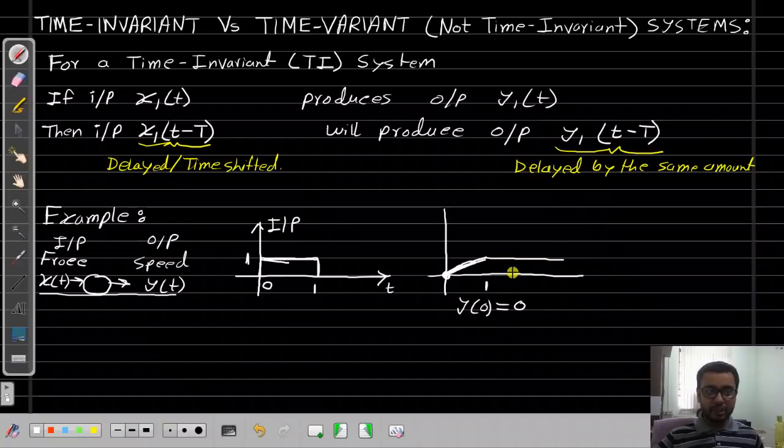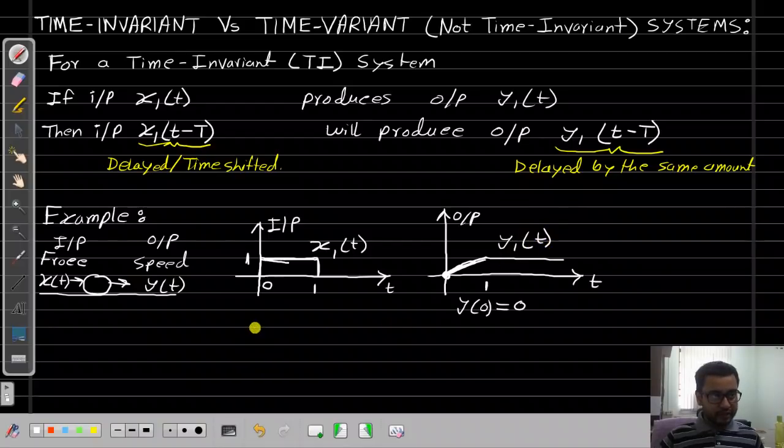This is time t equal to 1. Output versus time. Call this input as x1(t), then this output is y1(t).